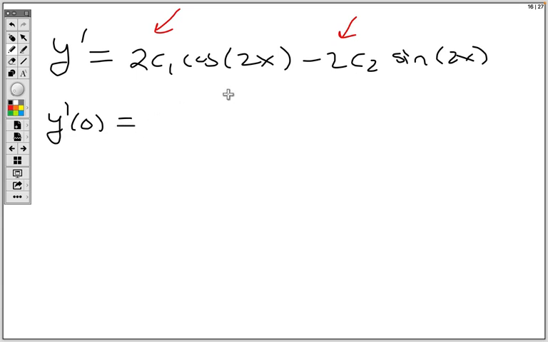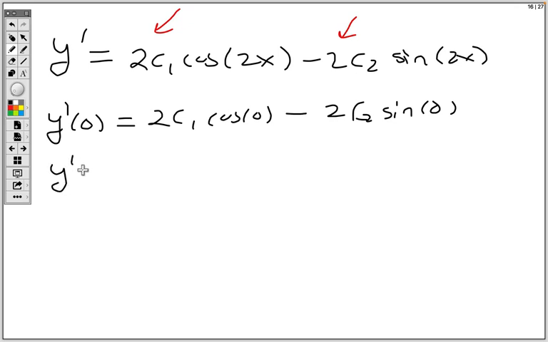Y prime at 0 then, we're going to get 2c1 cosine of 0 minus 2c2 sine of 0. So y prime at 0 is going to just be what? Two C1.